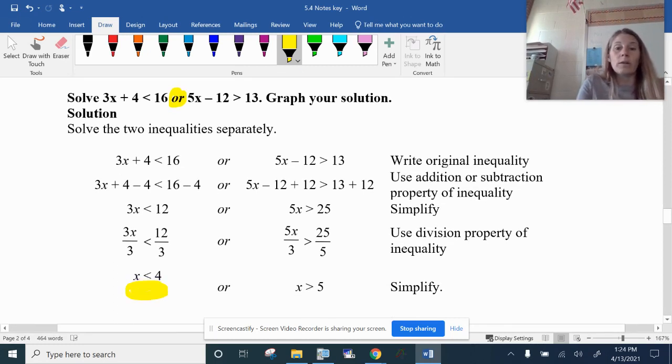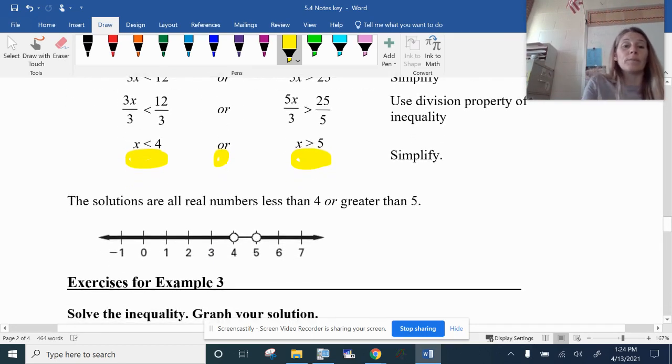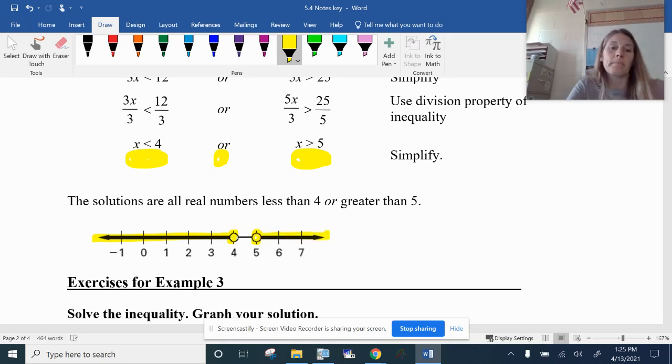Then the second inequality, you would add the 12, divide by 5, and you get your second inequality. And of course, then you would go to graph them. So x is less than 4, open circle at the 4, going to the left. x is greater than 5, open circle at the 5, going to the right.